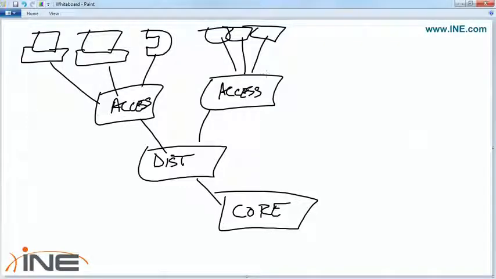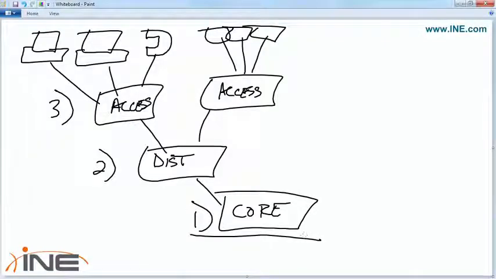Now the idea behind this is that if we build a hierarchy in the network, where the first level is the core, the second is the distribution, and the third is the access, then as the network starts to grow, we wouldn't have to take every switch and plug it into every other physical switch in the network in order to add new hosts.